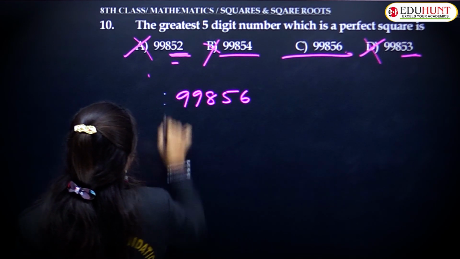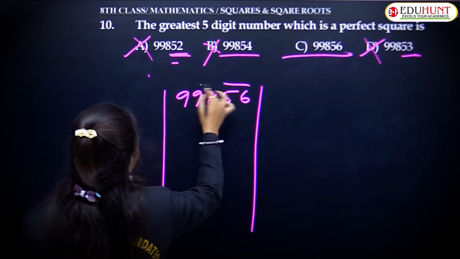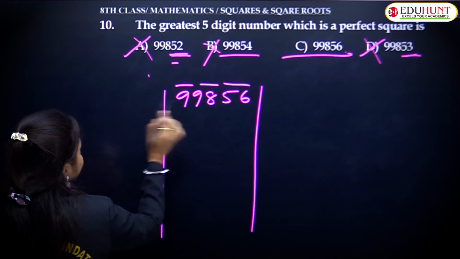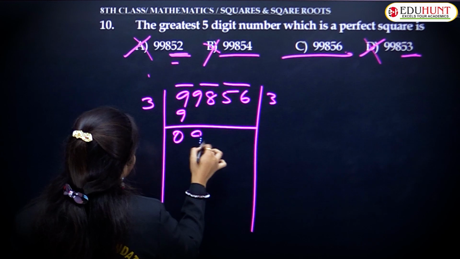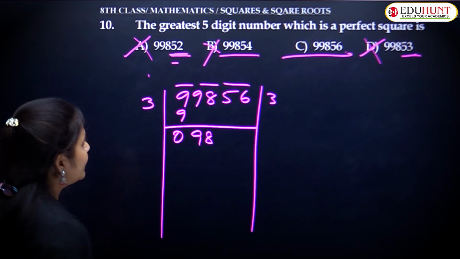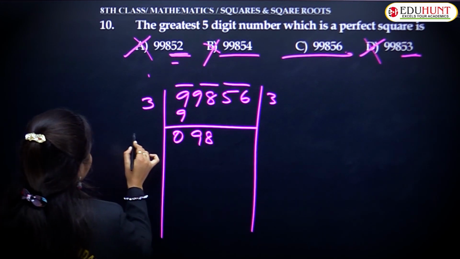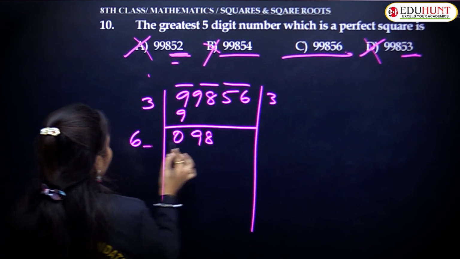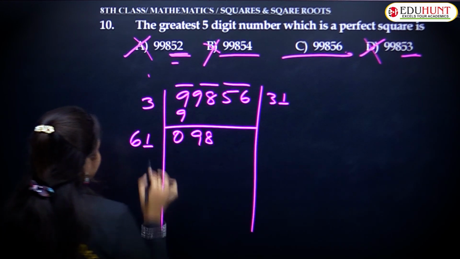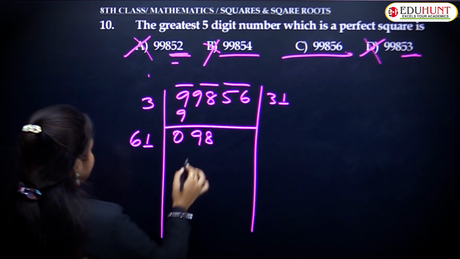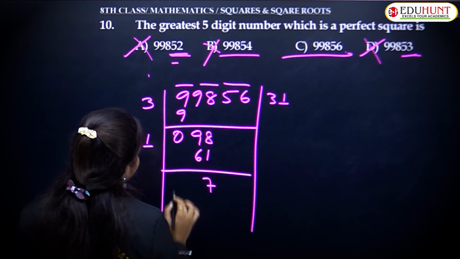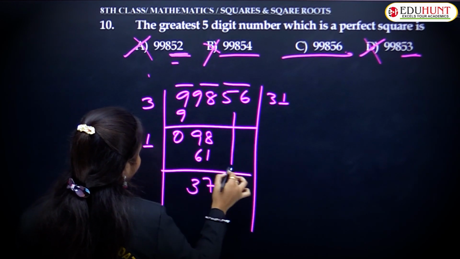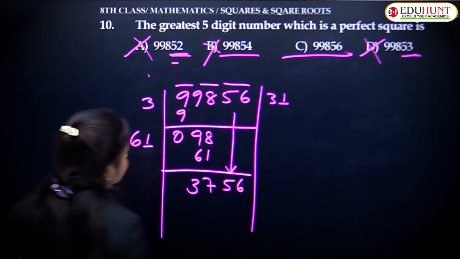99856. Okay, so see here. The first digit is 9. So 3 3s are 9, and here 0, and just bring down 98, and here the double of 3 is 6. Okay, so here the possible value is 1 only, no? 61 into 1 is equal to 61. So the leftover here is 7, and here 9 minus 6 is 3, and bring down the next number, that is 56.